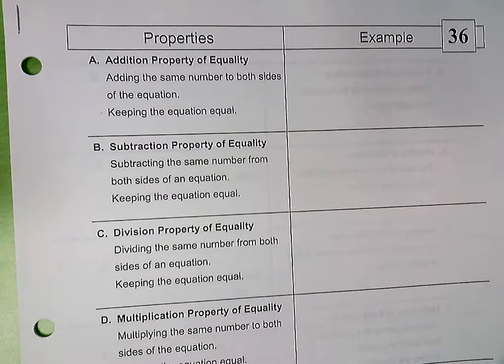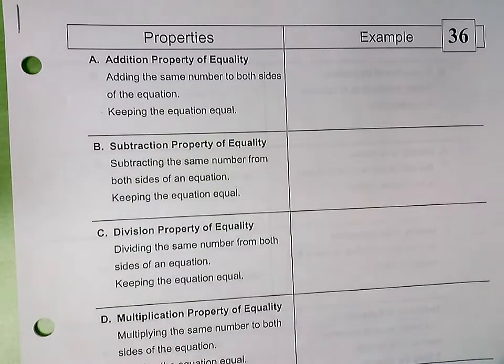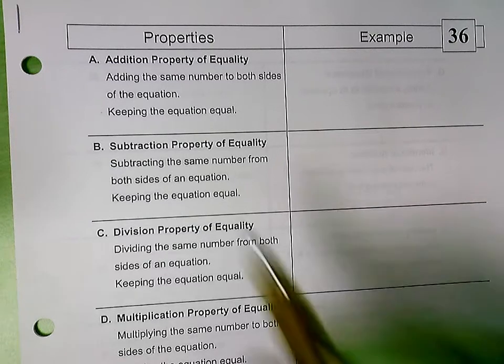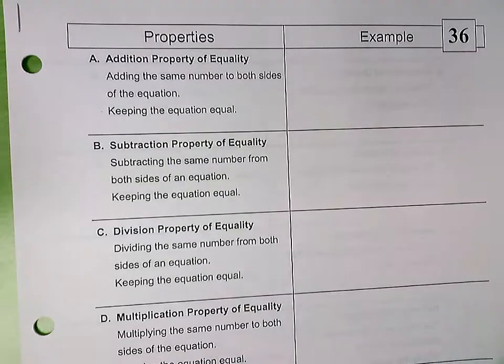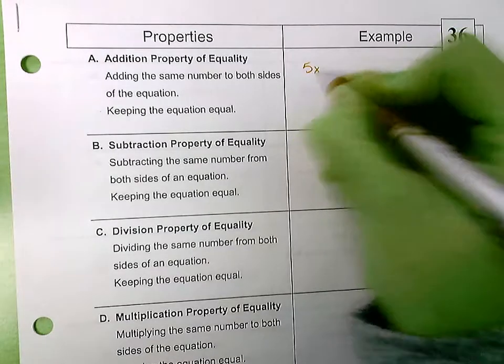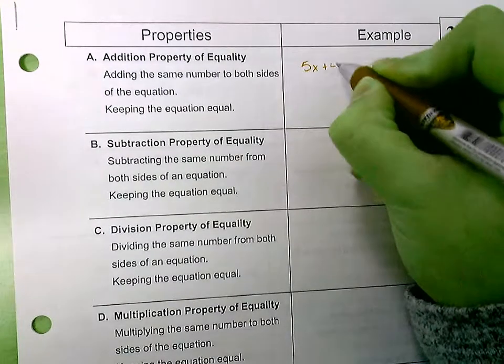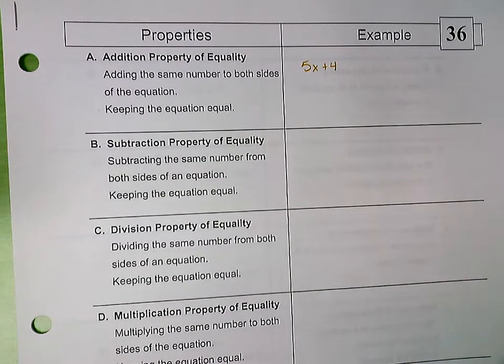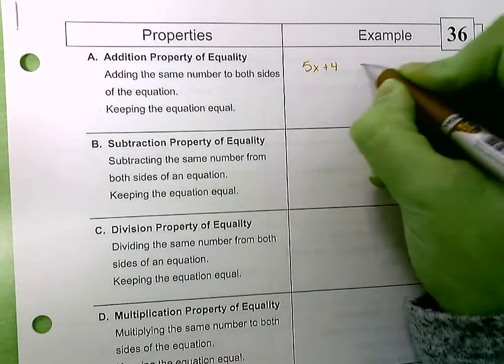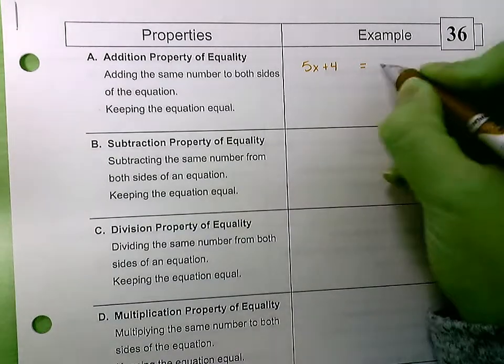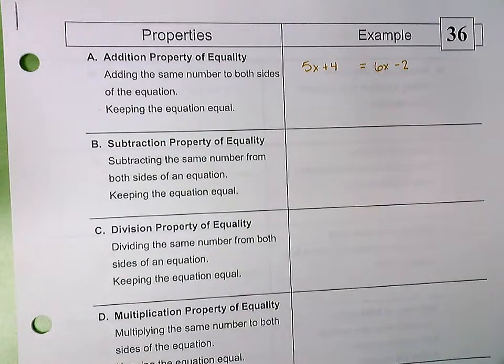The first one we have is addition property of equality. This usually has to do more with algebra. It's adding the same number to both sides of your equation, which keeps that equation equal. So say I have 5x plus 4 equal to 6x minus 2.